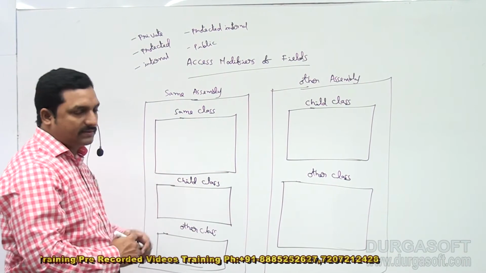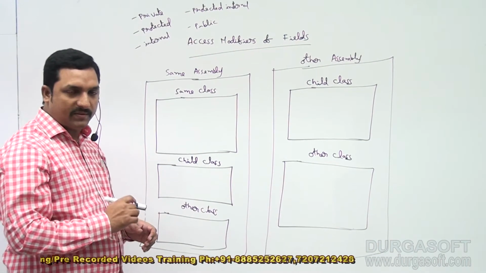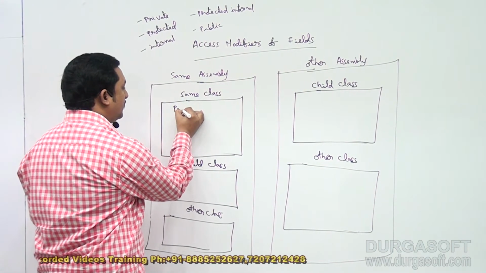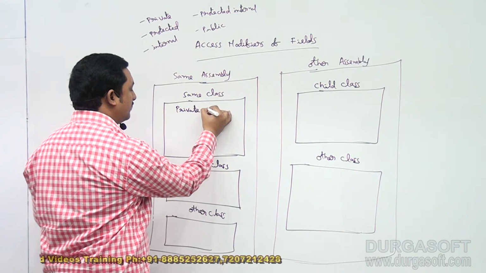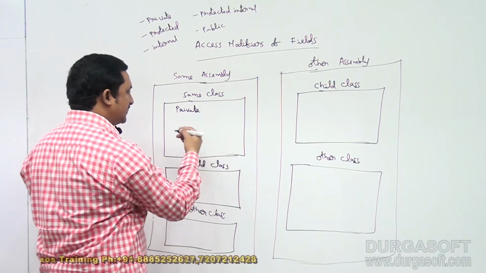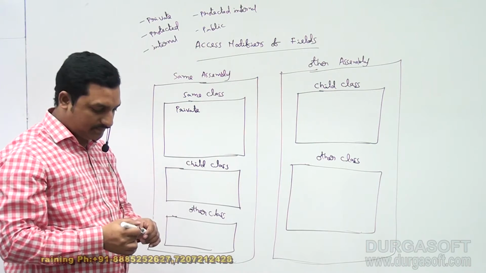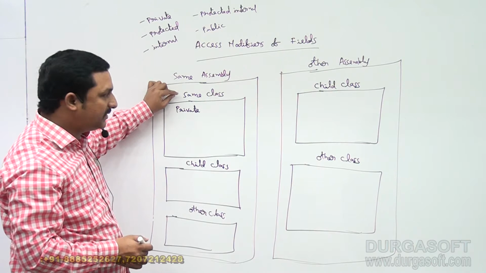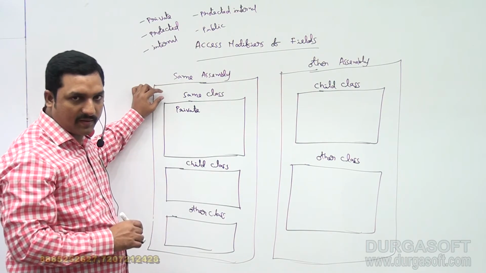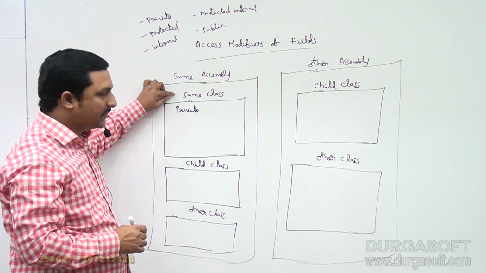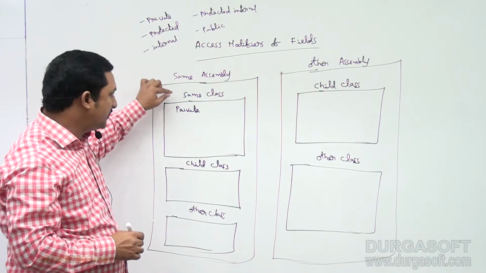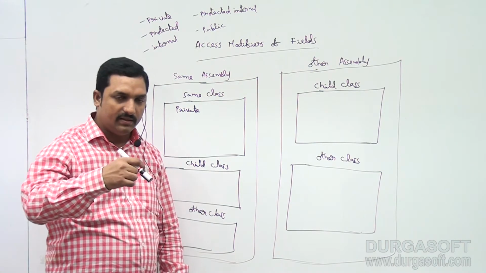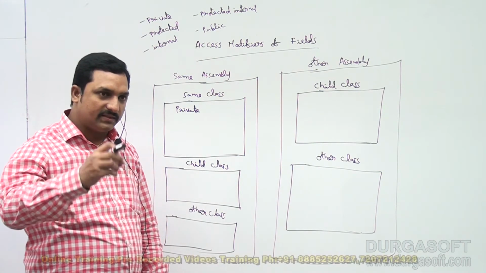In the same class, private members are accessible. Private members are accessible within the same class only. The private members of this particular class are accessible within the same class only. Where is the private member created? In the same class. Where is it accessible? In the same class only.